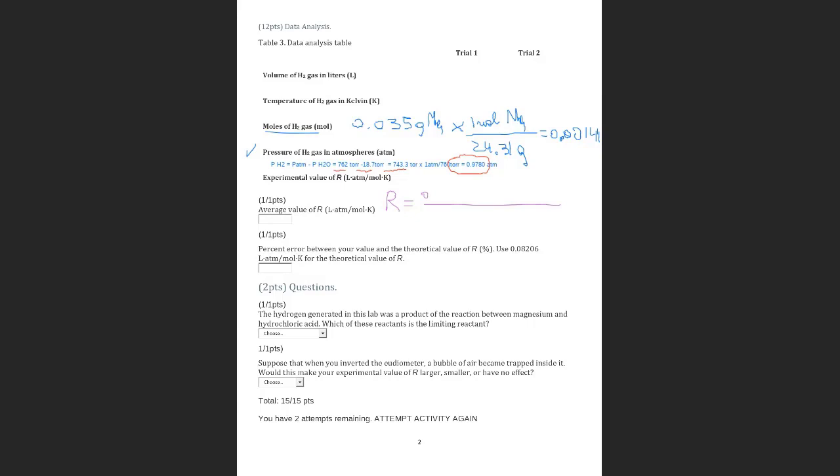We multiply that by the volume, 0.0352. The volume has to be in liters. And then the number of moles that we calculated, in my case, is 0.00144, and then multiply by the temperature in Kelvin, 294.15 Kelvin.